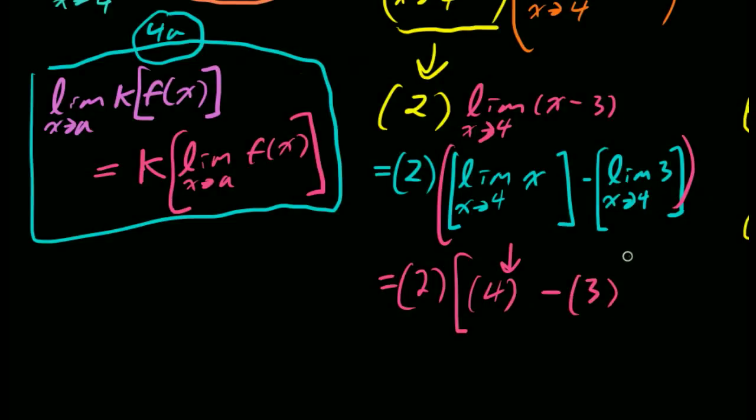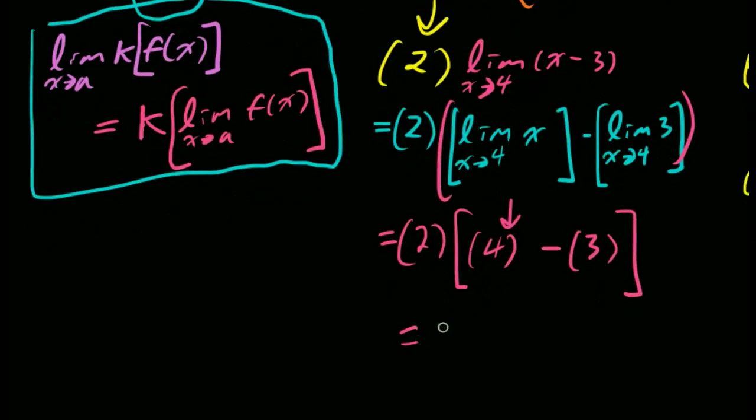That's just going to be 3 right there. So we get 4 minus 3. That's just equal to 2 times 1, which is just equal to 2. So anyway, there are 2 examples of pretty simple limit problems.